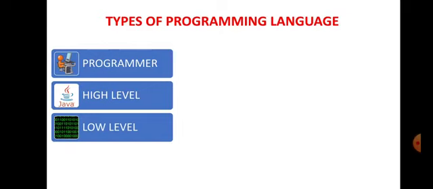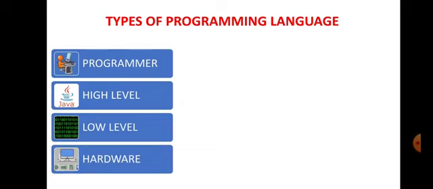Humans cannot understand that because it is in the form of 0 and 1. After that, this high level language and the low level language should interact with the hardware to give the final result onto the screen. Hope you understood this concept.